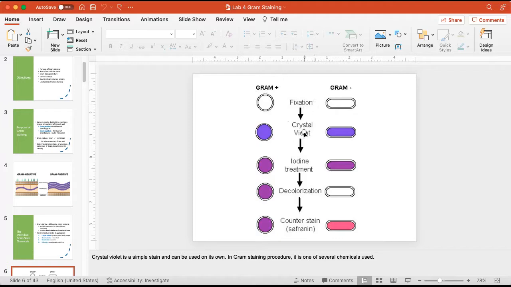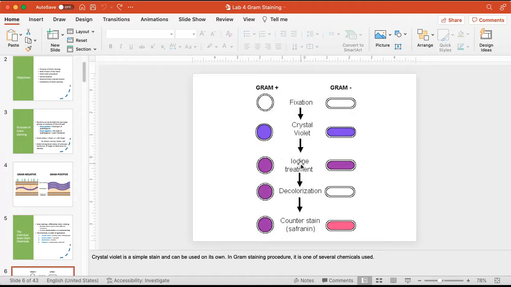The first step, remember, is we apply crystal violet, and both the gram-positive and the gram-negative cells will turn purple from that stain. The dye, the crystal violet, is adhering to the peptidoglycan in the cell wall. The second step, remember, is the gram's iodine treatment.